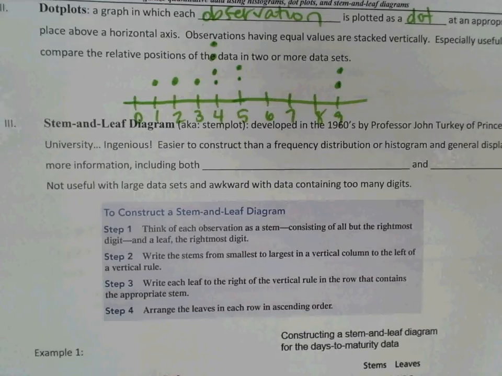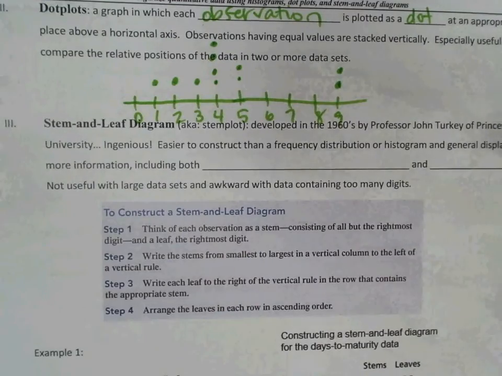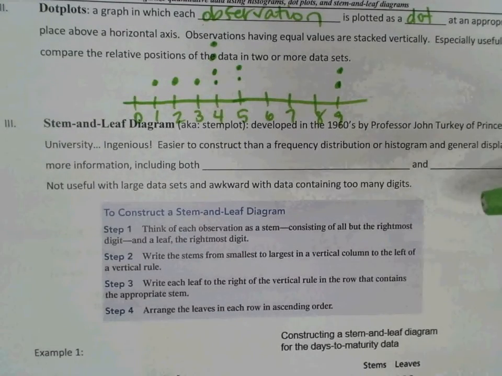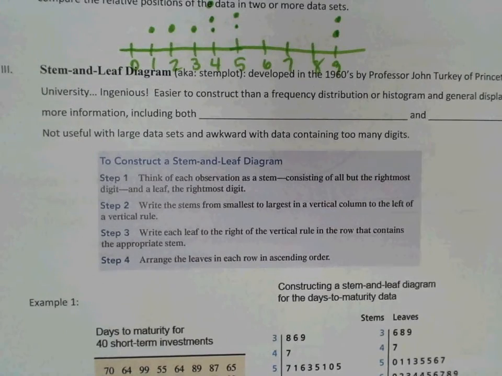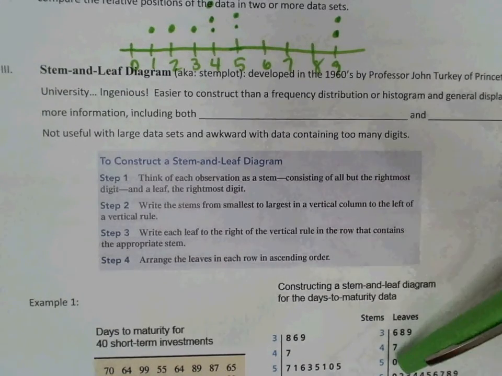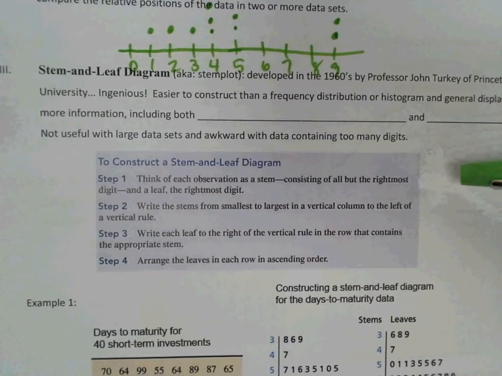Last one is the stem and leaf diagram. This is the one that's new for some of you. I looked into why this one came about and what the value of it is. It's a little bit unusual, so I was curious. Here's what I found. It was developed in the 1960s by Professor John Tukey of Princeton University, and it really is a pretty genius way to display data.